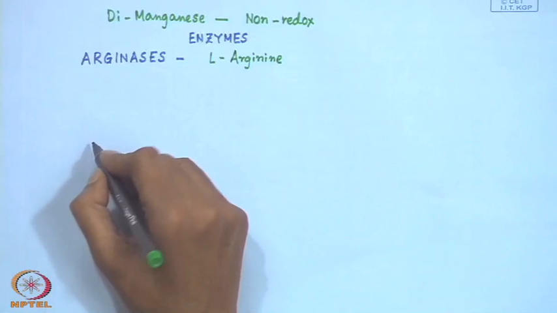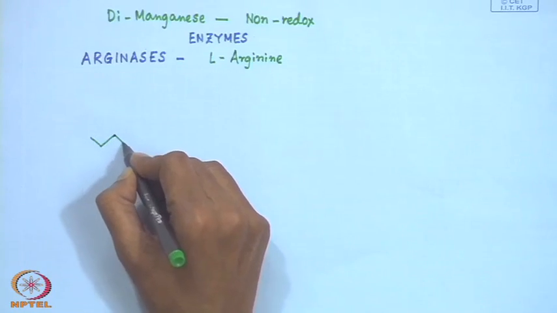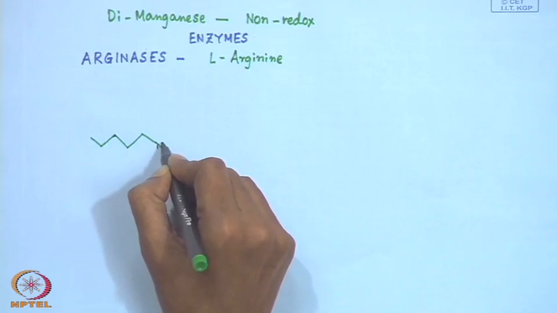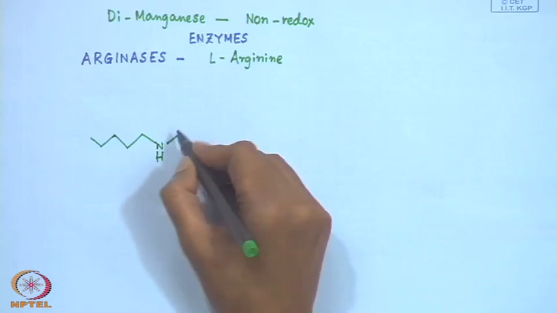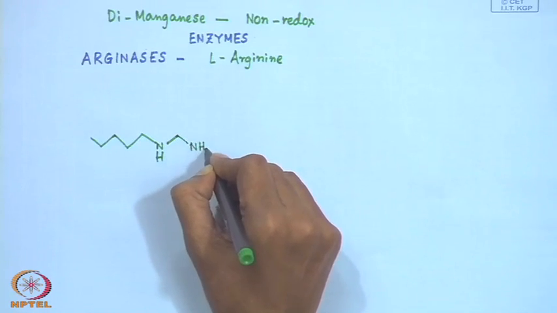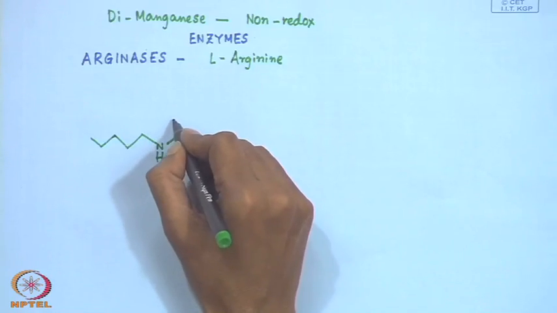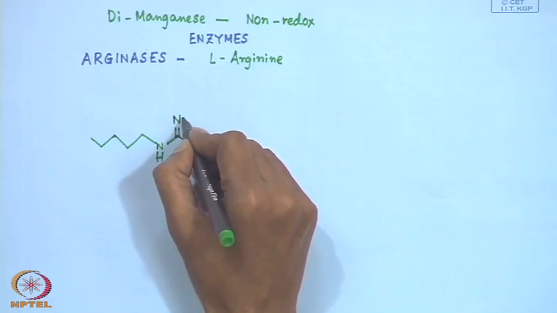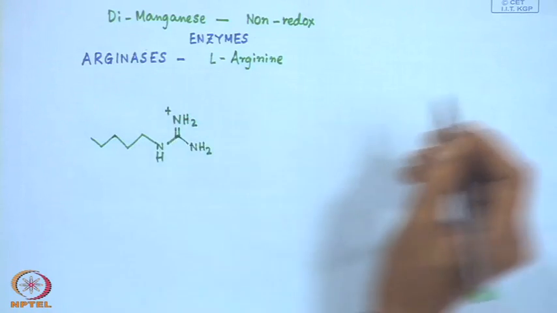What is L-arginine? Amino acid having guanidinium group, and this is a very important molecule, because this leads us to give urea.